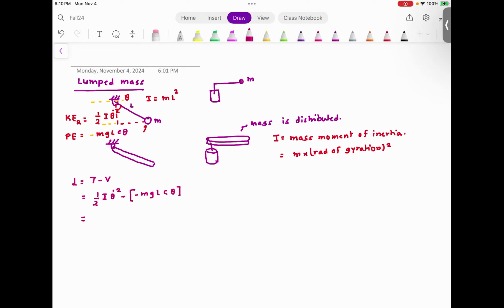So I have this Lagrangian, which is 1/2 I theta dot square plus mgl cosine theta.